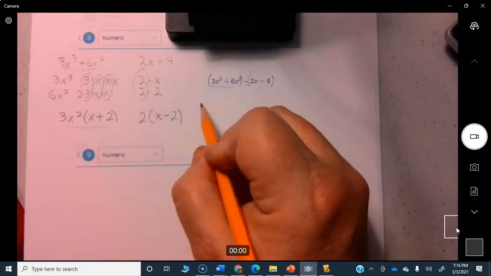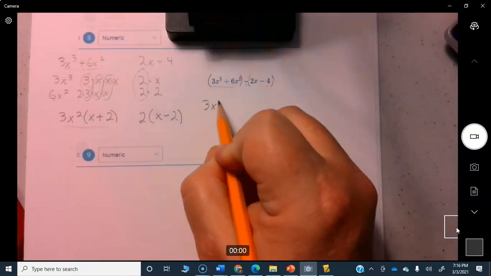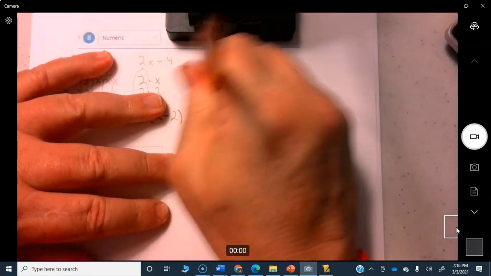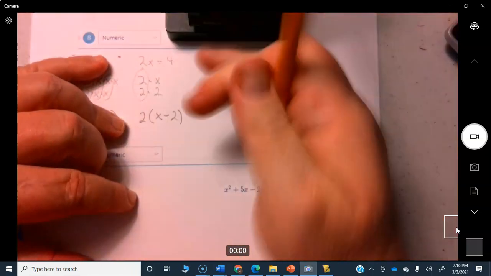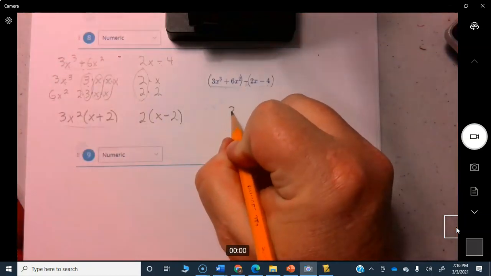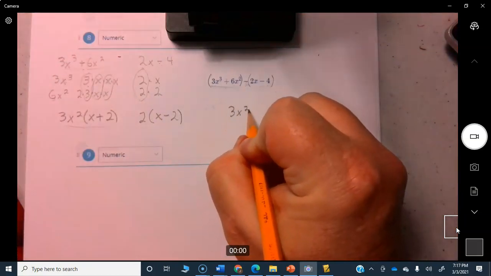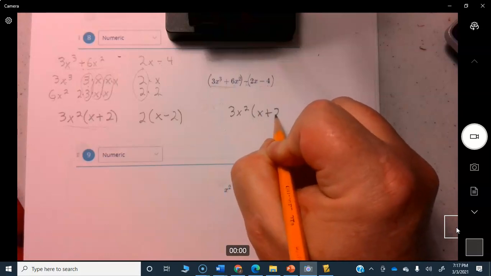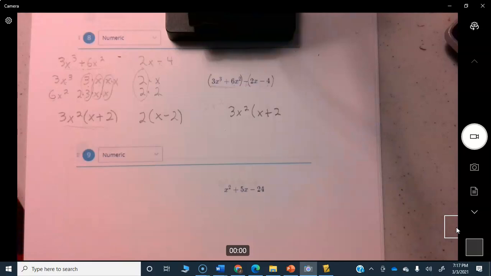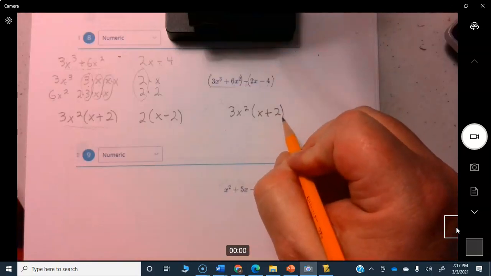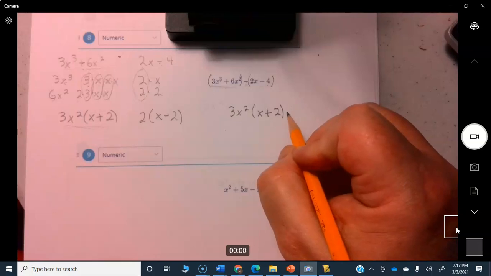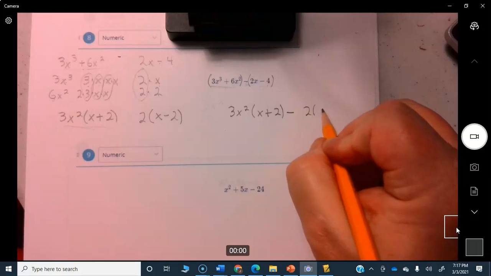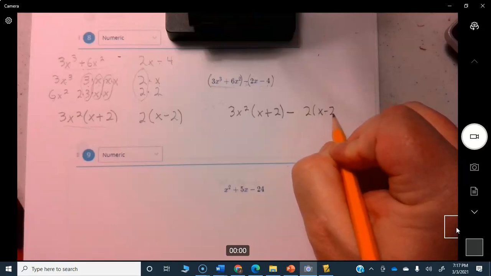So it's this, 3x squared. I'm going to give myself a little more space here. (3x squared) times x plus 2. Okay. And then it's minus 2 times x minus 2.